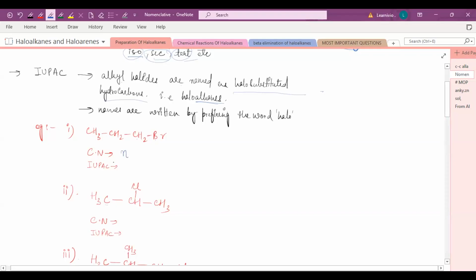We use prefix n, right? n, and for 3 carbon chain, we write propyl, and for the bromine group, we use bromide. Clear, Aneesha? Yes, ma'am. And what will be the IUPAC name? 1 bromo propane. Good.